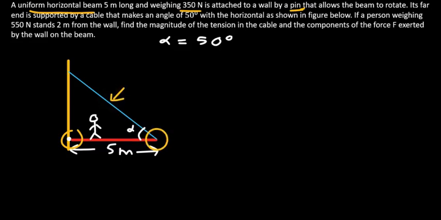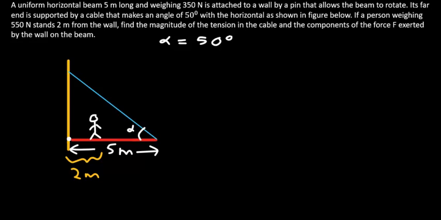This is the cable that makes an angle of 50 degrees, alpha is 50 degrees, with respect to the horizontal as shown in the figure. If a person weighing 550 newtons stands 2 meters from the wall, find the magnitude of the tension in the cable and the components of the force F exerted by the wall on the beam.